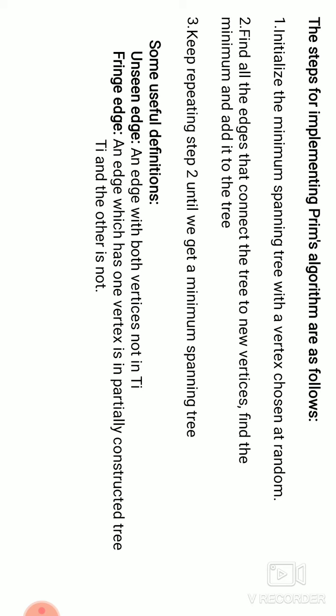So the edge connecting A and B is called a fringe edge, which has one vertex in the tree set and the other vertex out of the tree. So these are two different definitions that will be used. So here we have an algorithm.